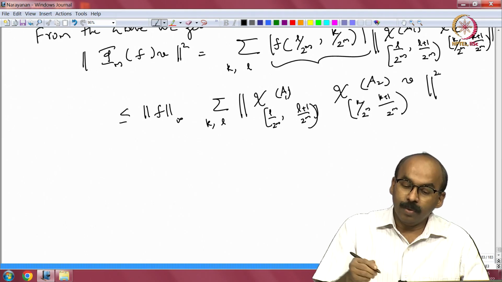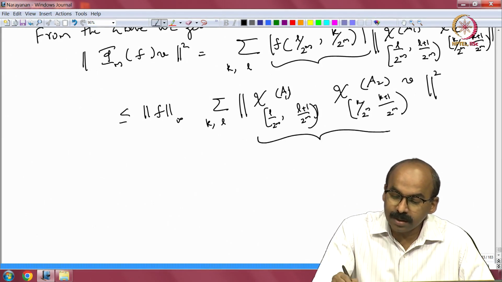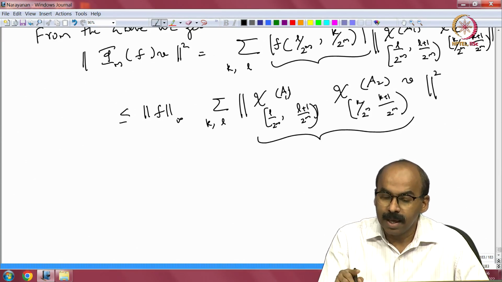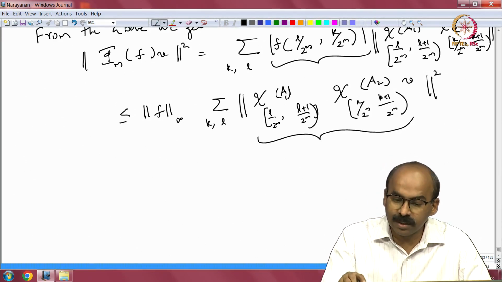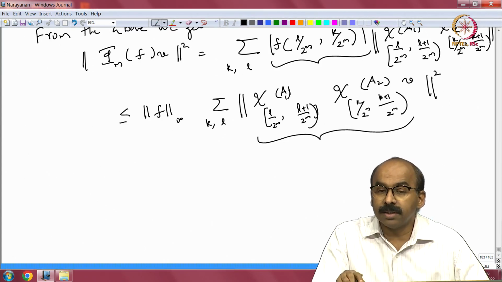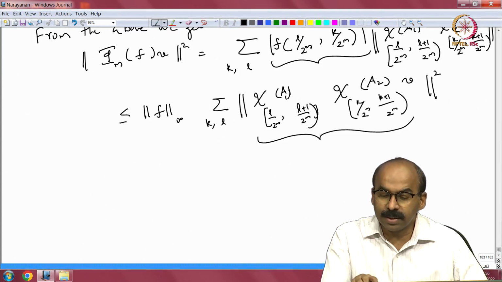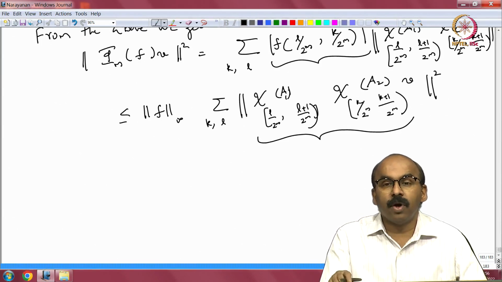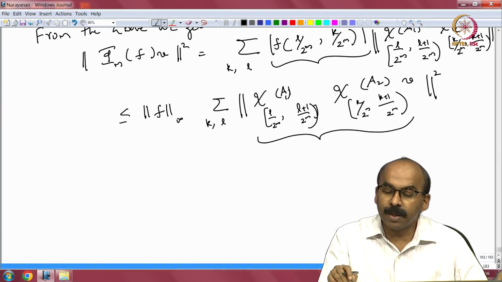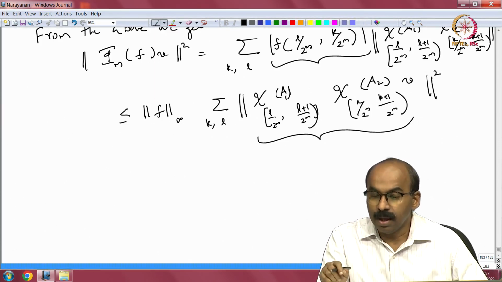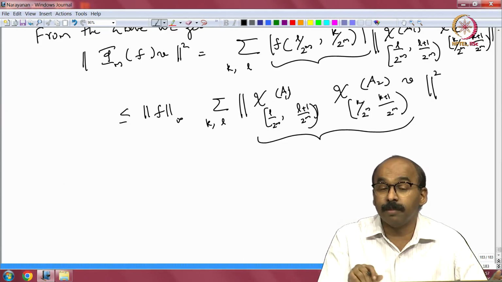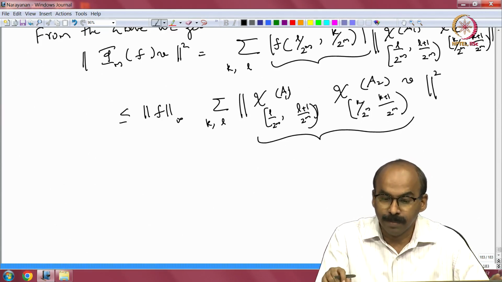Now, this is what we did in the one variable or single operator case, except that we did not have two projections, we had only a single projection, but the point is the same. These vectors are orthogonal to each other, because these projections come from disjoint squares. For each square, L by 2 to the m, L plus 1 by 2 to the m, cross k by 2 to the m, k plus 1 by 2 to the m, I have this projection which is the product, product in each variable.